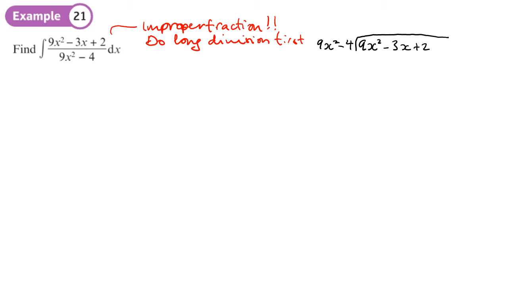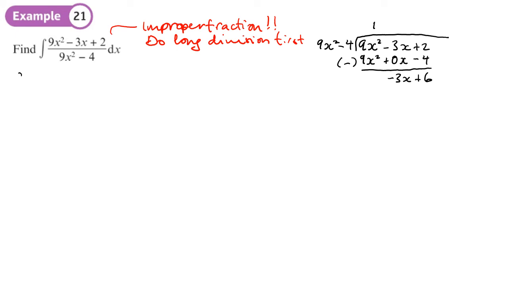So 9x squared goes into 9x squared once, so that will give us 9x squared, I'll put plus 0x minus 4. Shouldn't take too long to do. We'll subtract that, so negative 3x minus nothing is negative 3x, and then that'll be plus 6.